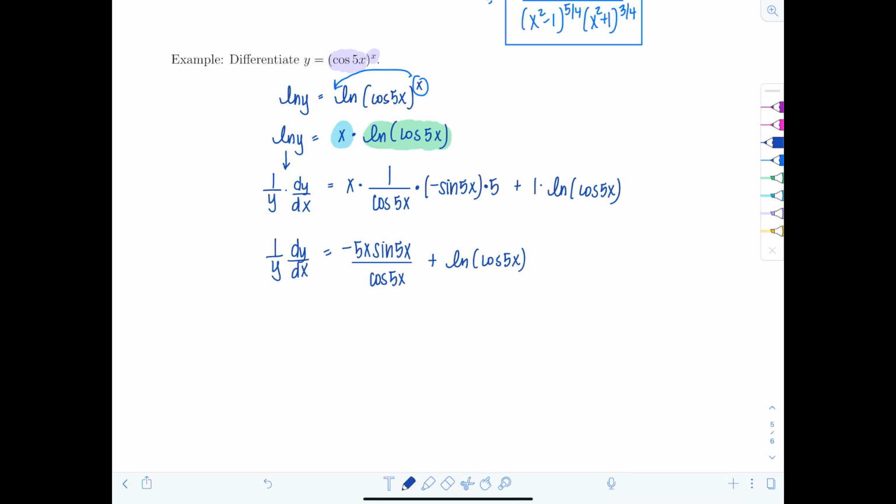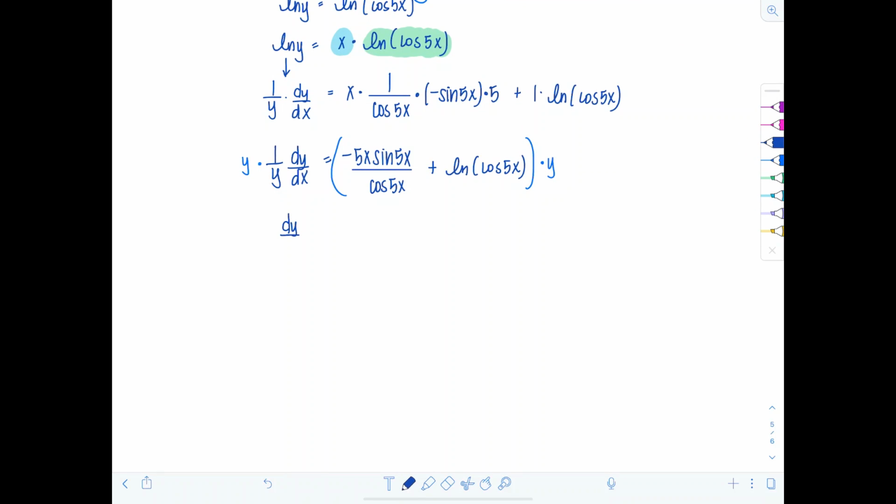And then just like last time, I want to multiply both sides by y, so I can find dy dx, get it all by itself. So we have here dy dx is equal to, now I'm going to write negative 5x, notice, guys, this is tangent of 5x. Yes, let's replace it, tangent of 5x plus ln of cosine 5x times y.